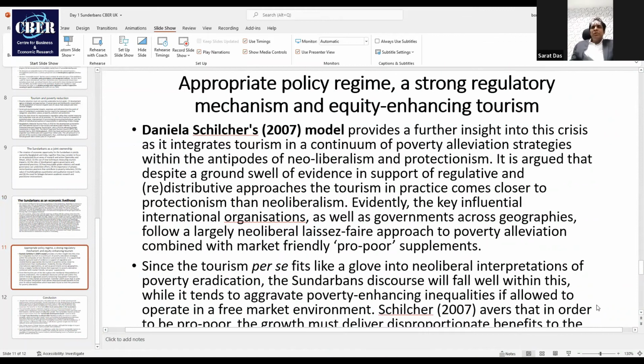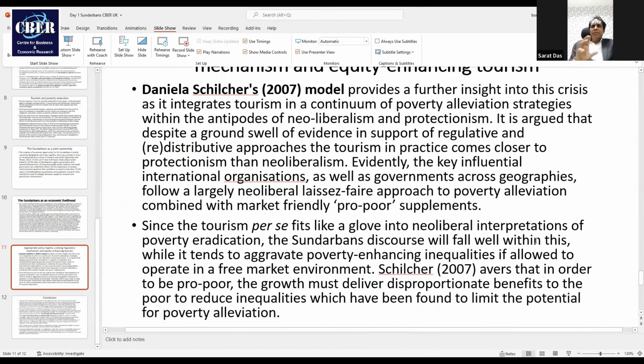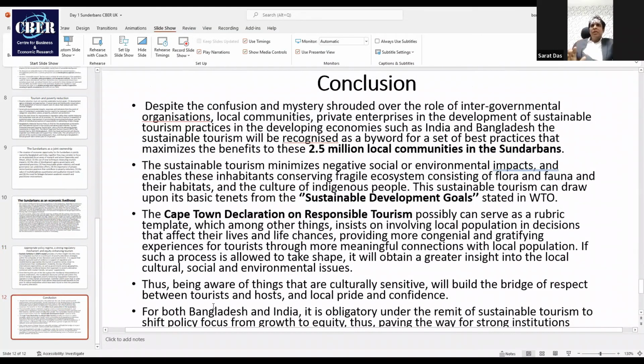And my conclusion is that you have to really come back and start from where we started the debate, the trade-off between sustainable tourism and poverty eradication, the participation of the intergovernmental organizations, and then we see how both nations can come into discussions in terms of sharing responsibility to protect this fragile ecosystem and the diverse flora and fauna.